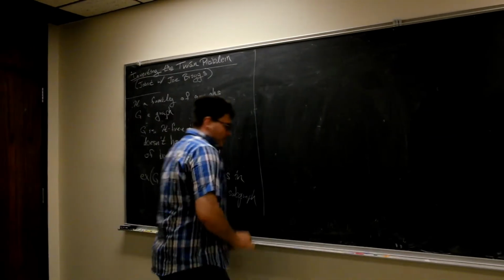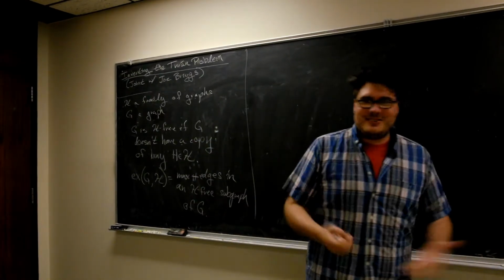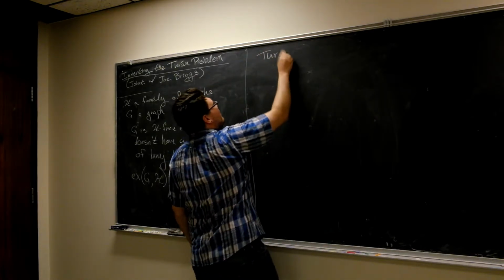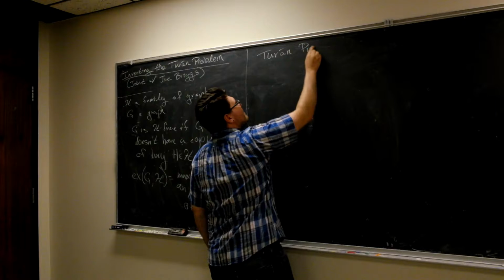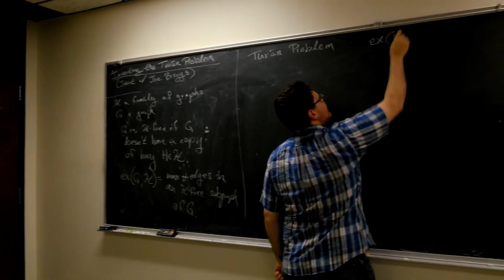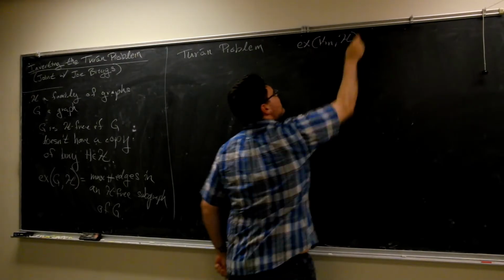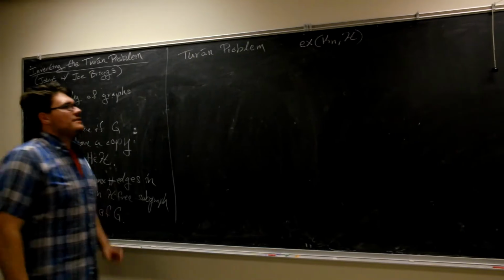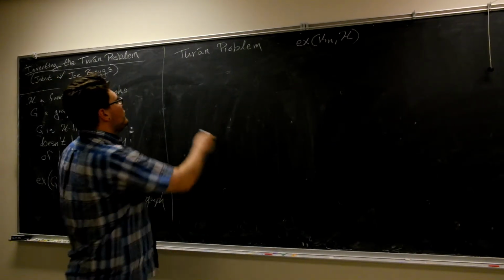So this extremal number, or Turan number, really had its start with Turan and Mantel. So the original Turan problem is determining the extremal number inside of a clique of H. So just how many edges can an n-vertex graph have that has no copy of H?